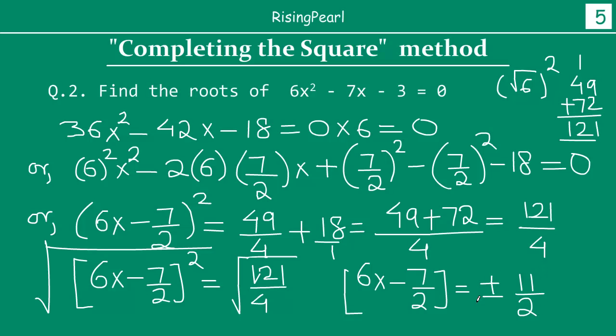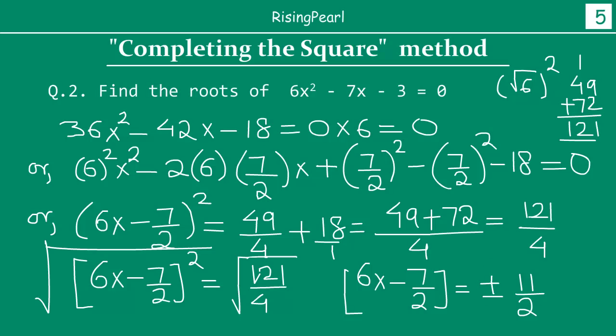The reason again for plus minus is whenever you do a square root you will get a plus minus value. We have seen this for the last few webisodes. Now 11 square is 121 and 2 square is 4. So we have 6x minus 7 by 2 equal to plus minus 11 by 2.